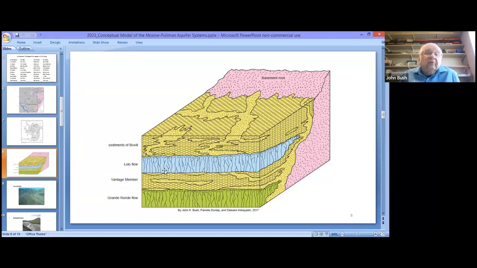Here's this flow I've talked about, which covers the whole area, and the data now shows that water can be traceable from this area towards the mountain front on the Moscow mountain slopes. Water can be traced from there into Moscow, into Pullman, and in the upper aquifer that water has to be coming laterally from the northeast of Moscow.